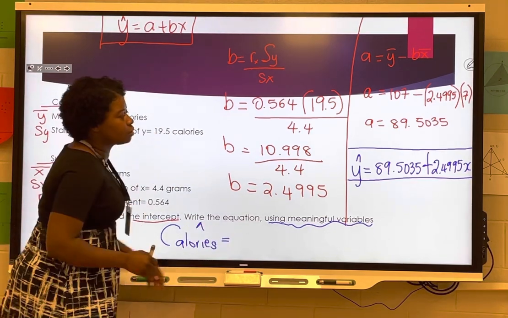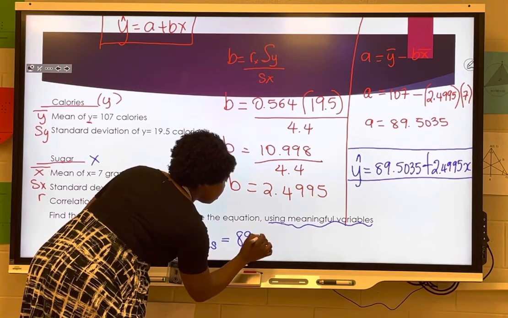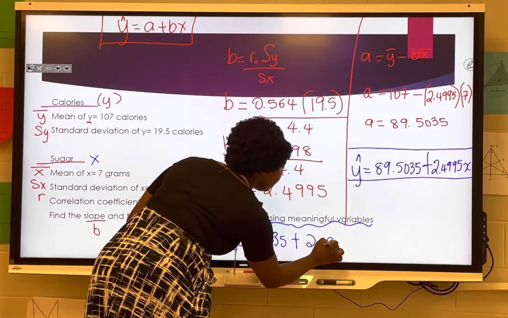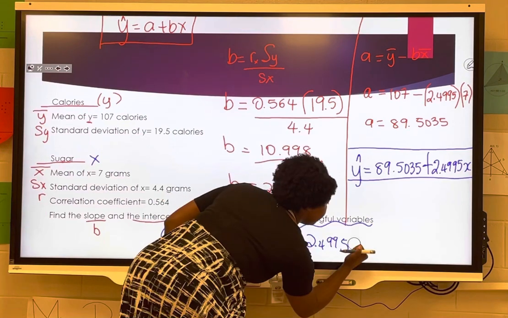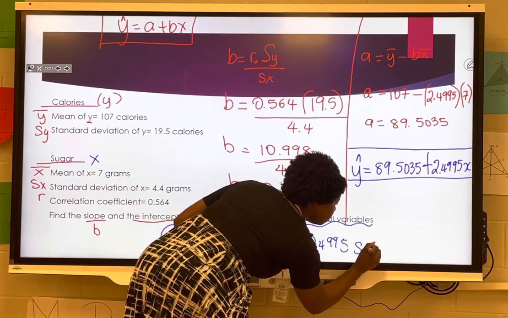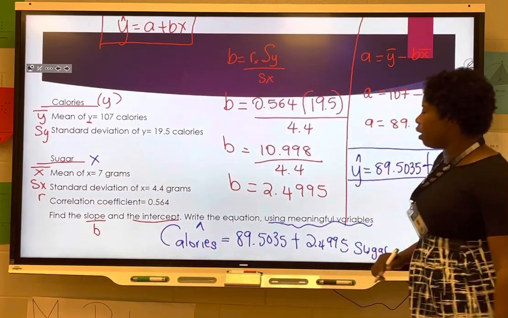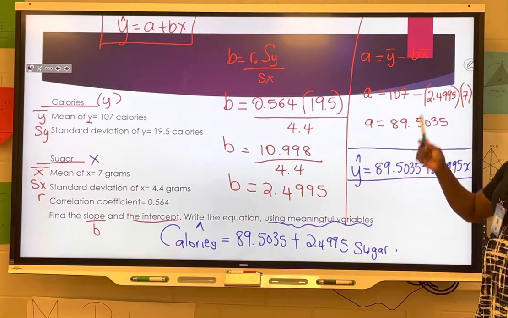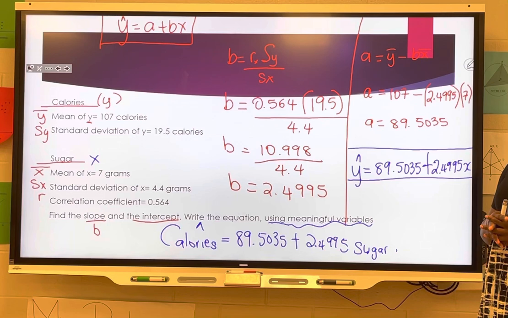Calories hat is equal to, I'm going to rewrite whatever I had before, 89.5035 plus 2.4995. Here, instead of having x, I'm going to put sugar. So I don't need parentheses, I'm going to put sugar beside it. S-U-G-A-R. So there we go for our equation using meaningful variables. All I did was to tell you what is x and what is y. x is sugar, y is calories, and there you go for your equation of the line using meaningful variables.